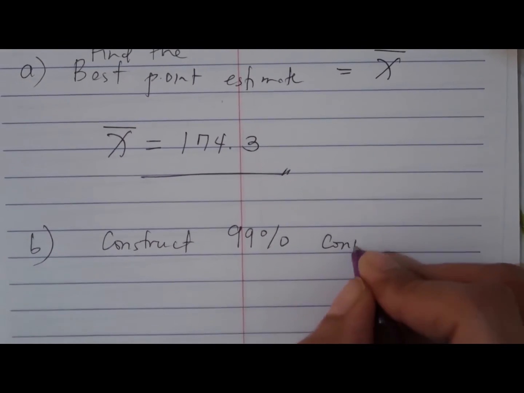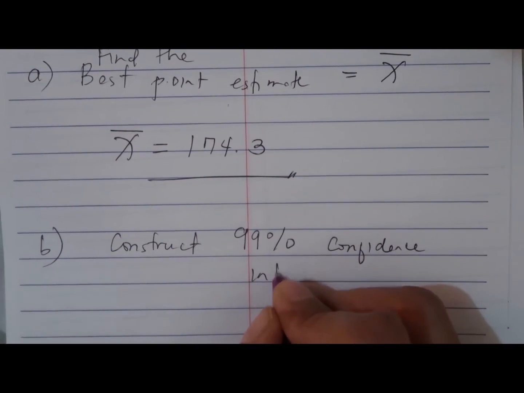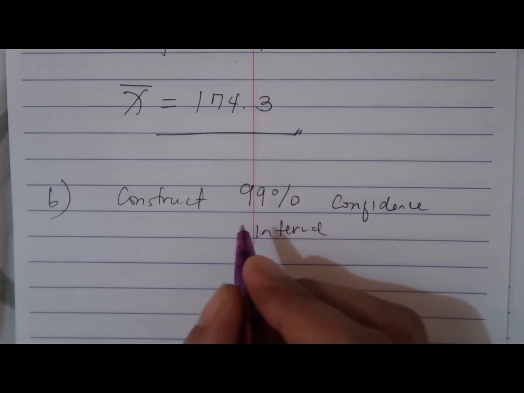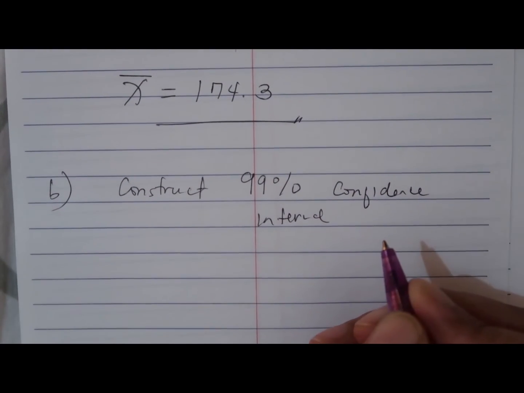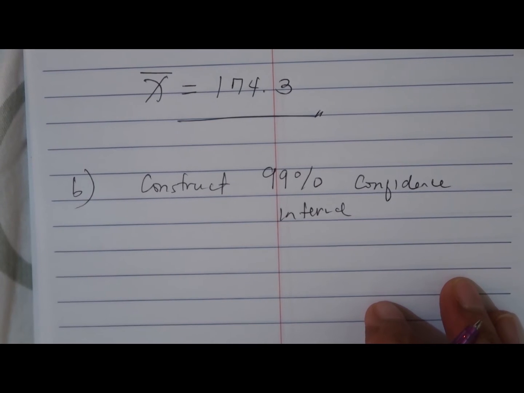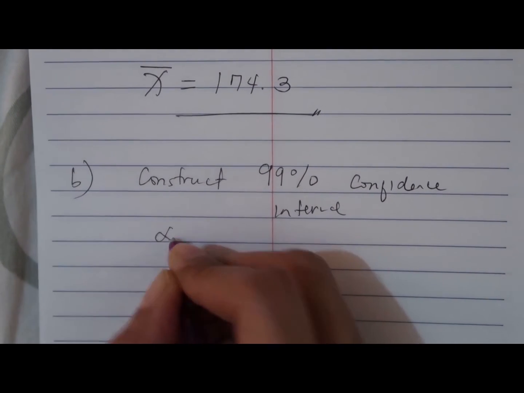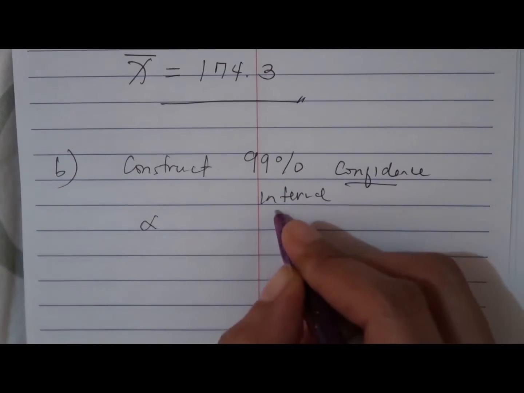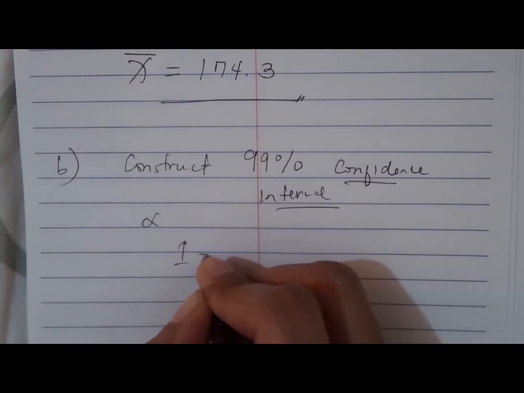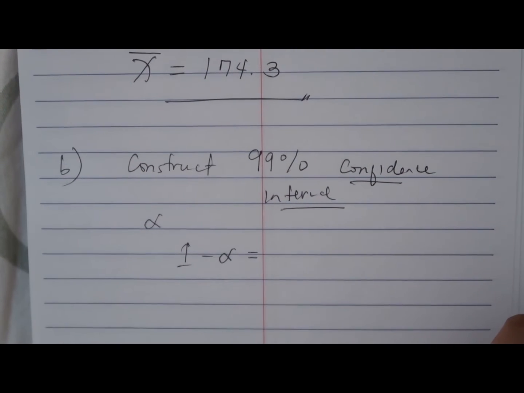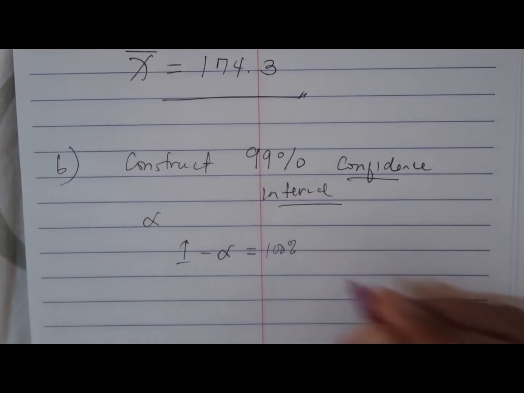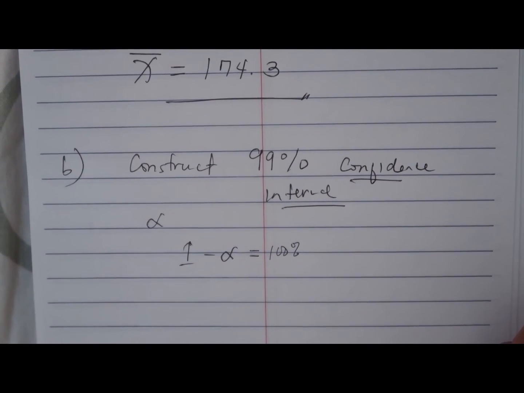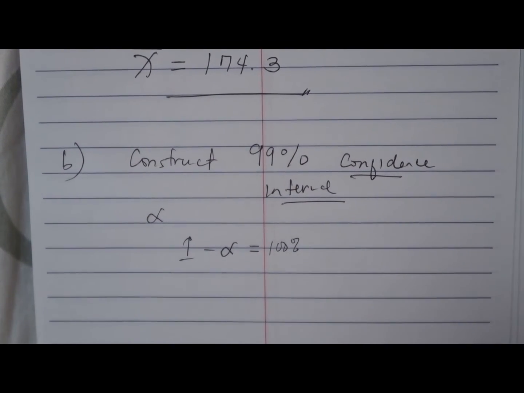So how do we construct a 99% confidence interval? First we need to apply the alpha. What's alpha? In determining the confidence interval, remember that 1 minus alpha is equal to the confidence level.